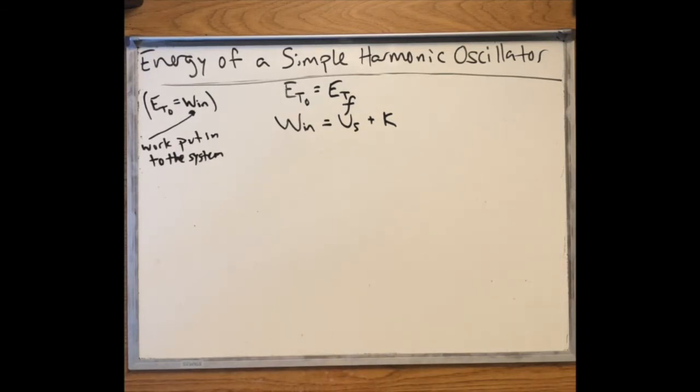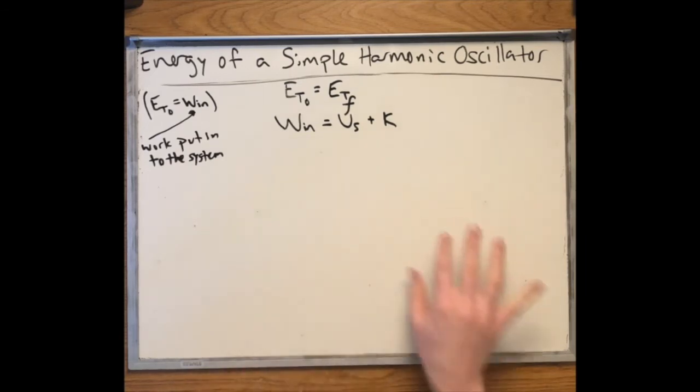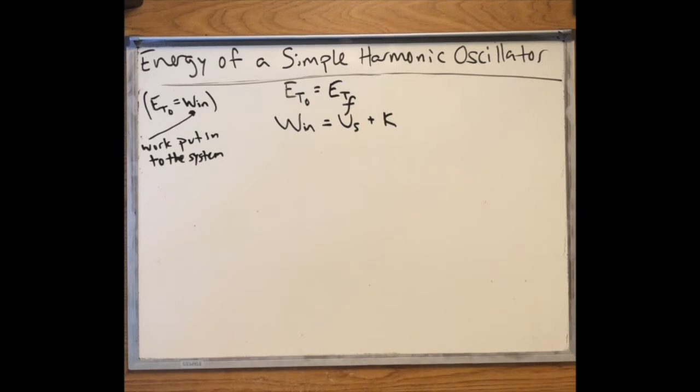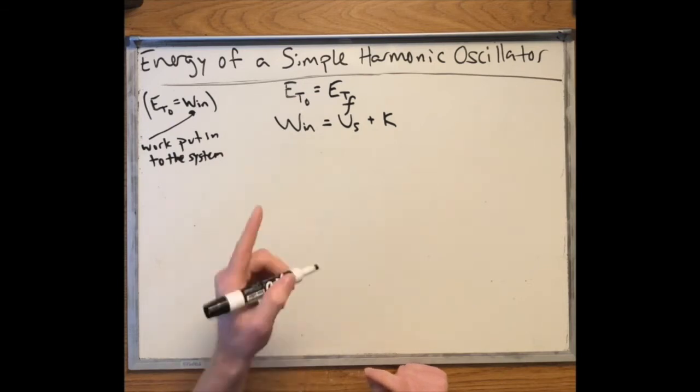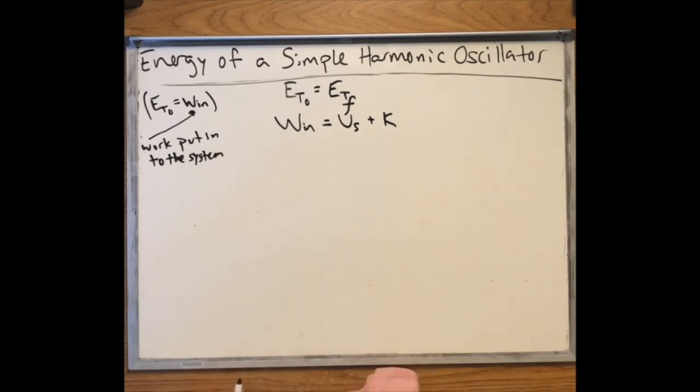Now, ultimately, we should try to solve for something that can be solved for. I understand that seemed a little dopey, but let's write some stuff down first, and then I think it'll be clearer. First, the amount of work that you put in manifests itself as elastic potential energy, which gets the equation 1/2 kx squared.